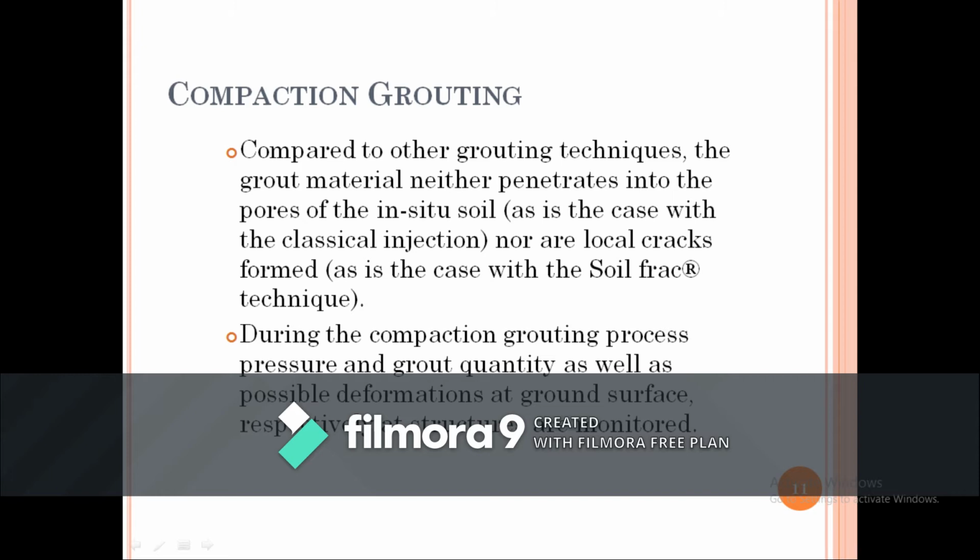So you inject it into the place wherever you require. And the pressure and the grout quantity, both you have already fixed, and the same amount you are going to send. Because of this, the ground deformations that will be caused can also be calculated, and you can have an idea about all of them when doing this technique.